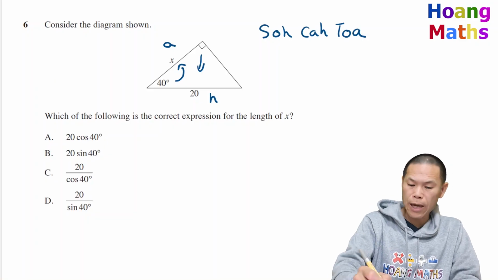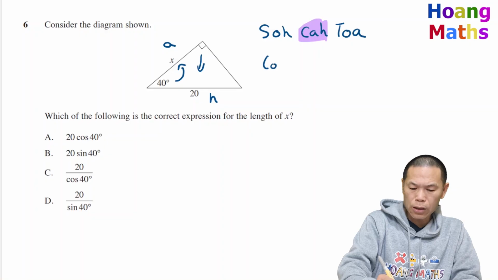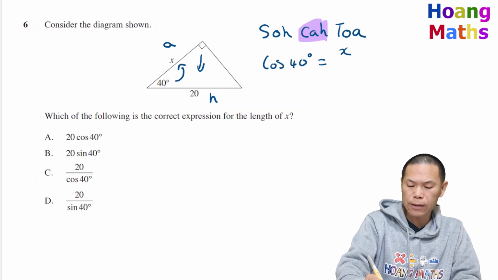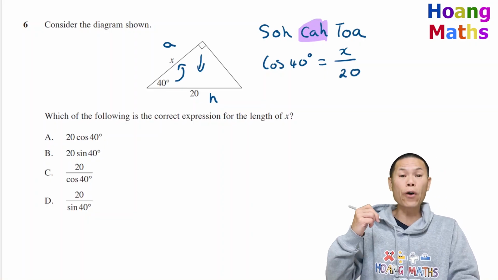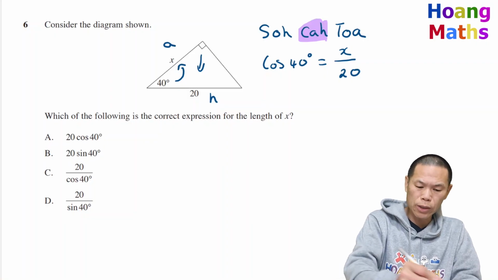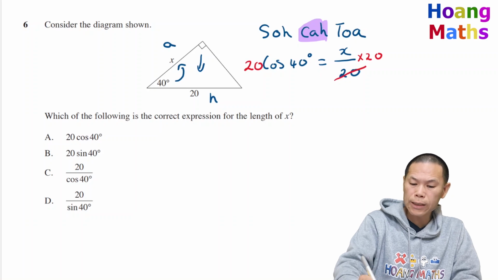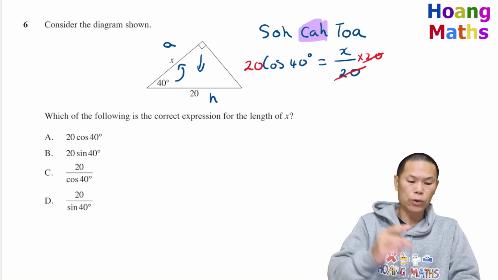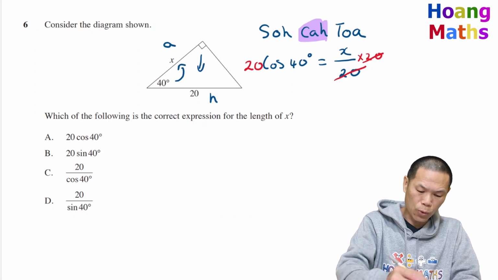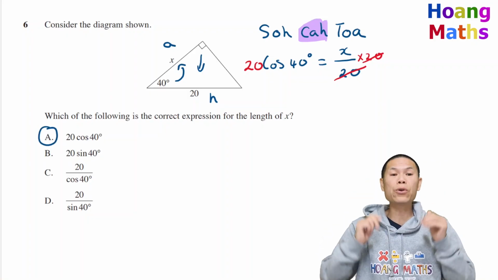We have A and H, so we use CAH. So cos 40 equals adjacent, that is x, over hypotenuse 20. To solve for x, we multiply by 20 on both sides. So x is 20 cos 40. So 20 cos 40, that is A. There you go.